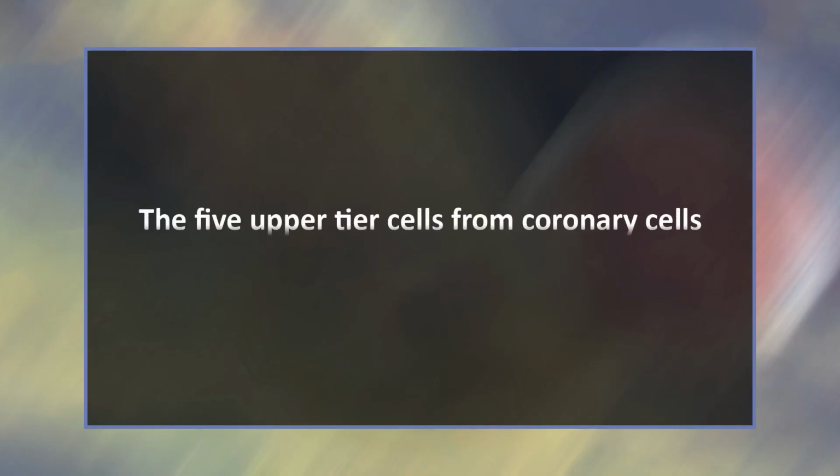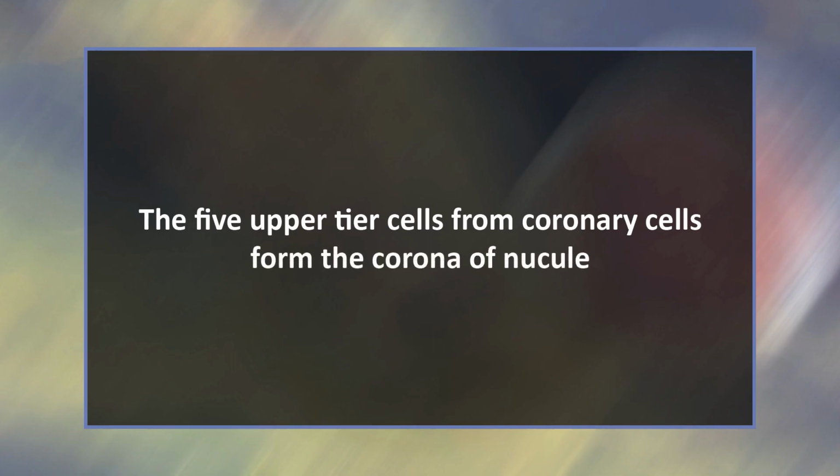The 5 upper tier cells form coronary cells, which form the corona of the nucule. The 5 lower tier cells function as tube cells. The tube cells elongate and get spirally twisted in a clockwise direction on the oogonium.